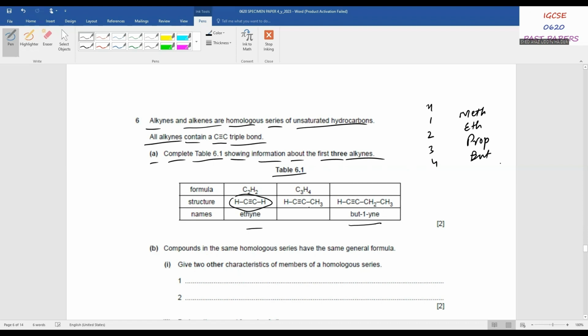They have already mentioned eth, so you have prop. So the name is ending in "yne." So the name will be easy: propyne.